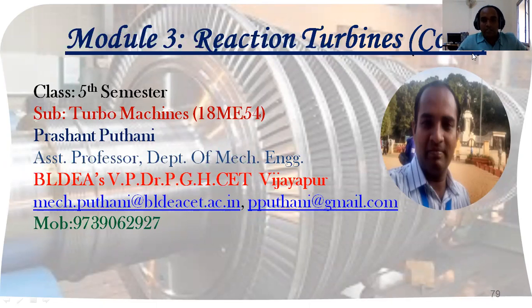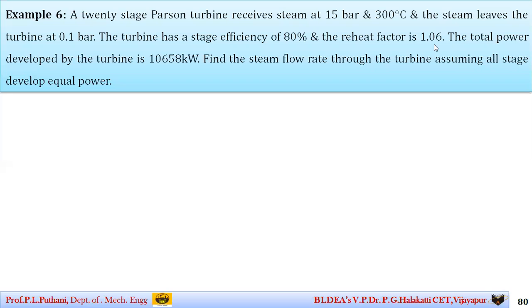We will be discussing some problems on reaction turbines. If you observe the question carefully, it clearly states that there is a 20-stage Parsons turbine which receives steam at 15 bar, 300 degrees Celsius, and the steam leaves the turbine at 0.1 bar.